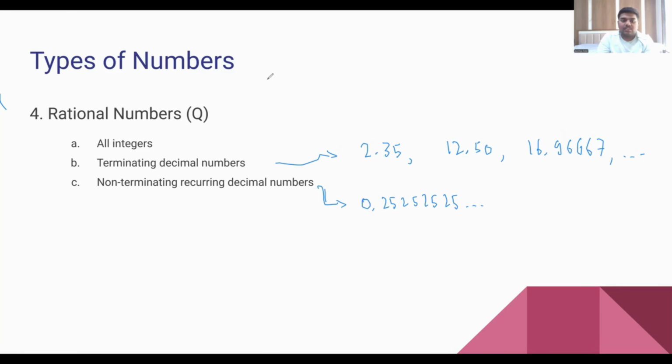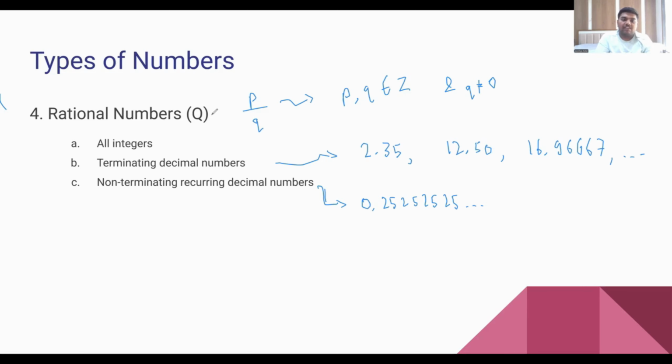Okay. Now, any rational number basically is of the form P by Q, wherein P comma Q belongs to the set of integers and Q not equal to 0.